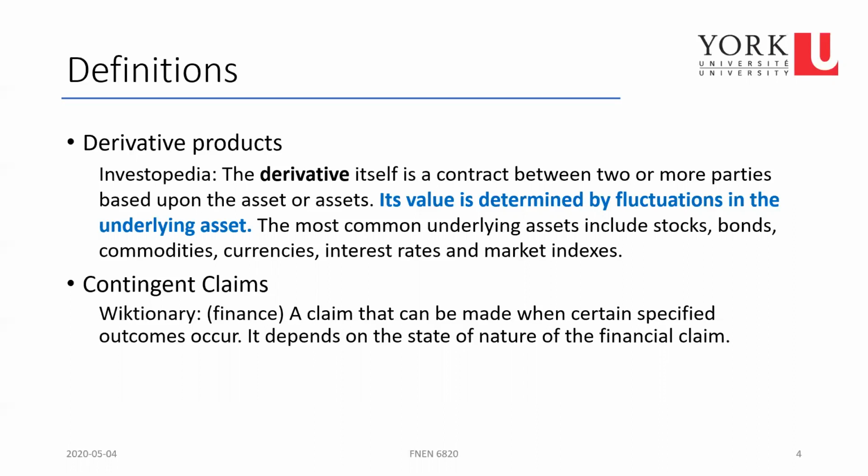In that case, temperature is not really an asset, and the temperature is not a price of an asset, but you do have a financial product, the weather derivative, which is dependent on a certain state of the world. So if the temperature is 27 degrees on that particular day, or the average of the month is a particular temperature, then you will have a particular price for that weather derivative.